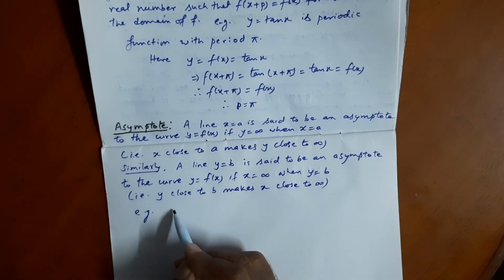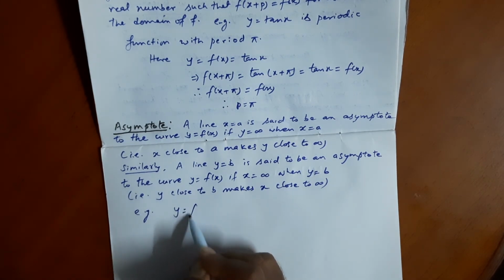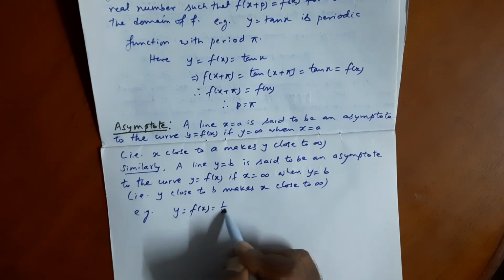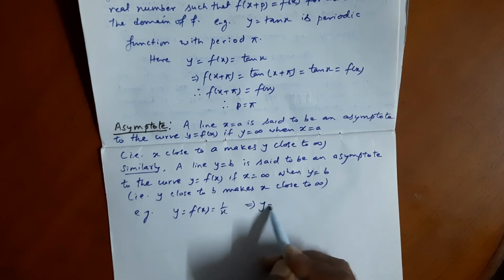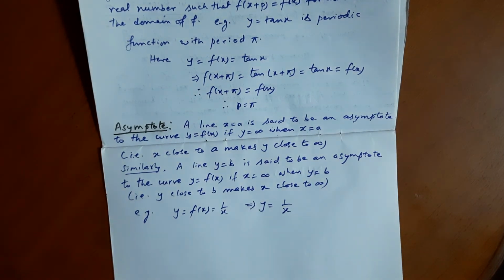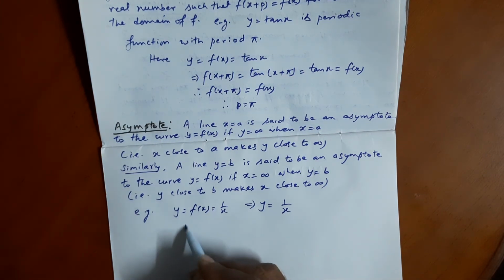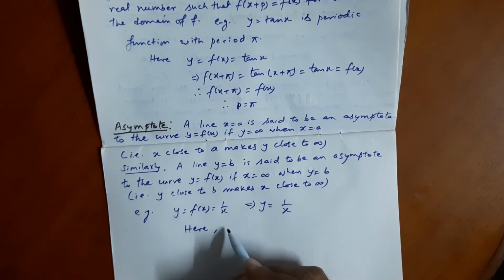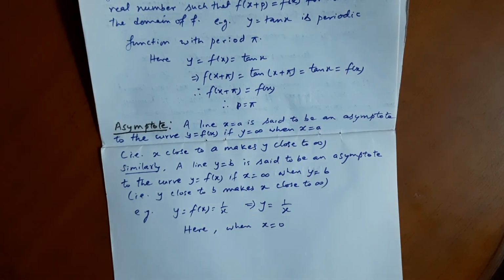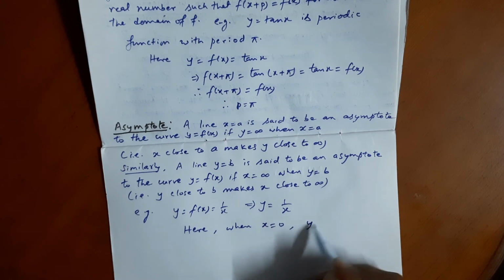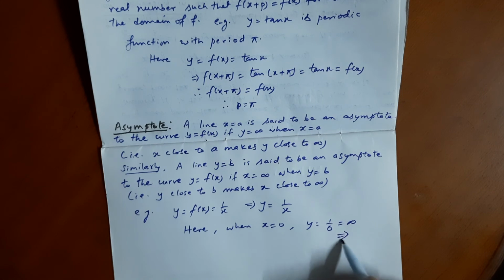Let us take y equals f(x) equals 1 over x to be the curve. This implies y equals 1 over x. Here, when x equals 0, y will be 1 over 0, that will be infinity. That means y will be infinity when x equals 0.